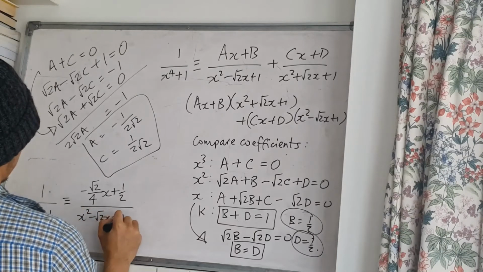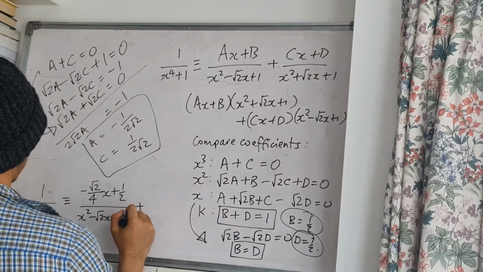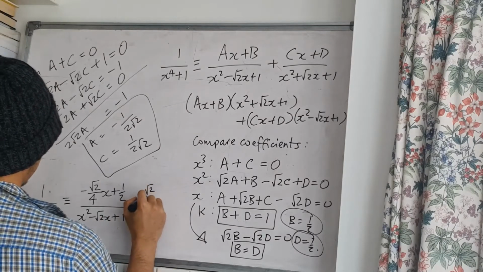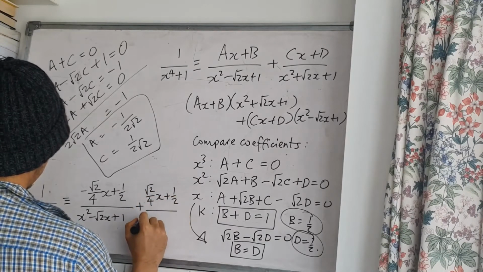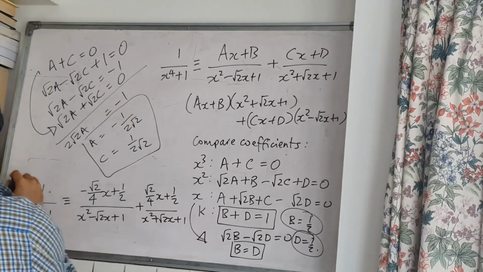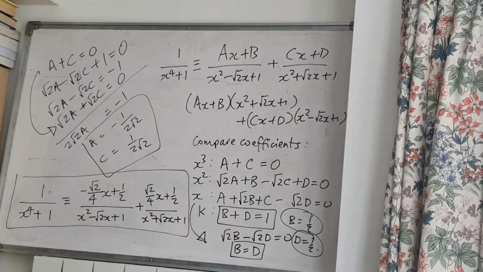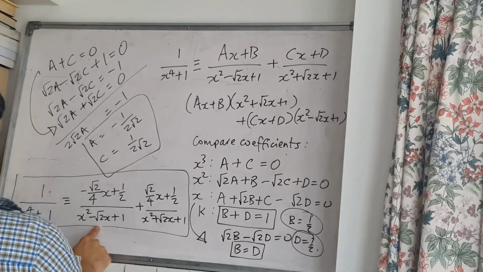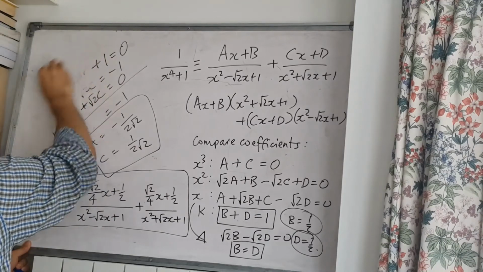And do the same thing for the other one. So c is equal to root 2 over 4. So root 2 over 4x plus a half divided by x squared plus root 2x plus 1. So we've rewritten that simple thing into a more complex thing. But the thing is, the more complex thing you can actually integrate. So let's just rub all this off.